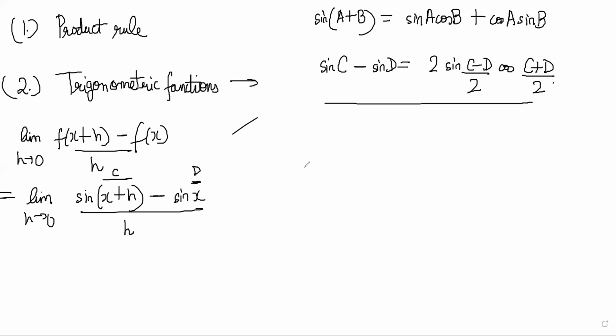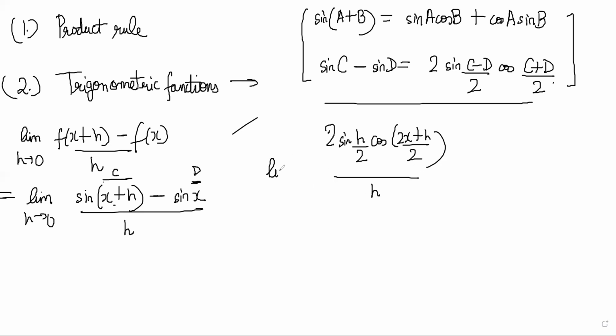So I will get 2 times sine of h by 2, and cos of (2x plus h) by 2. These formulas you'll have to trust right now. In the next chapter in trigonometry, you'll know the proof. We will do it very soon, so don't worry about it. Divided by h.